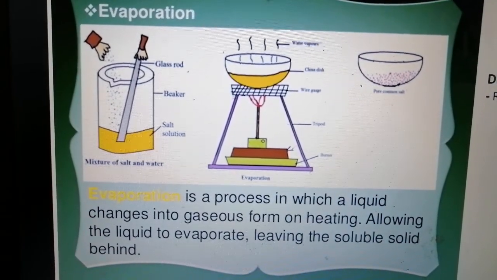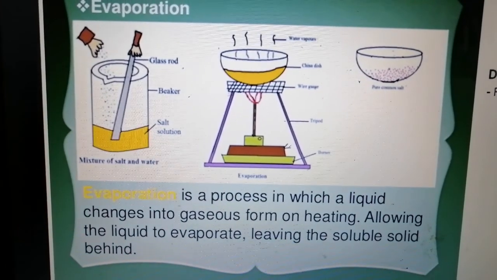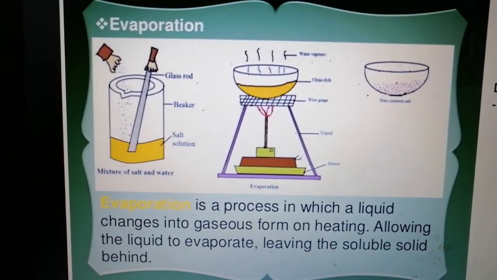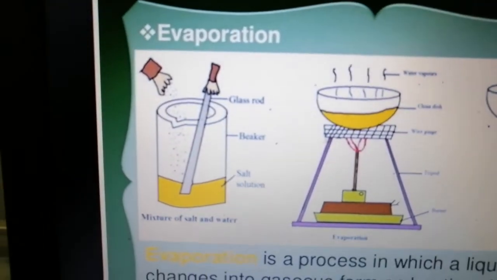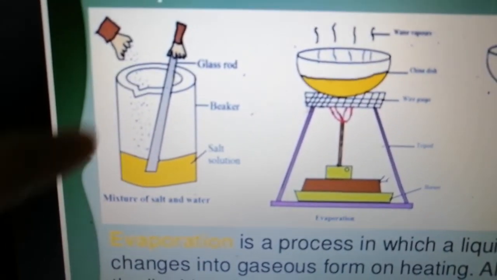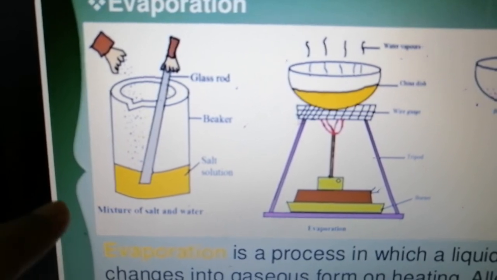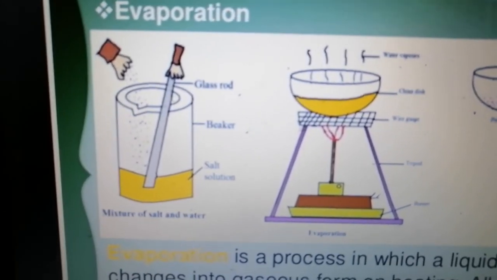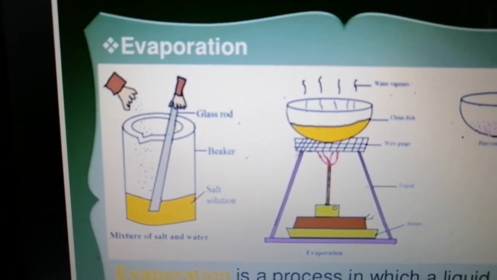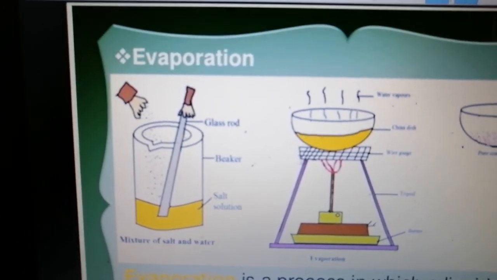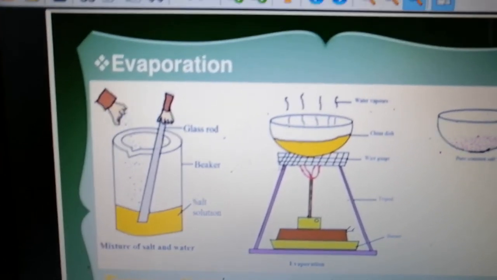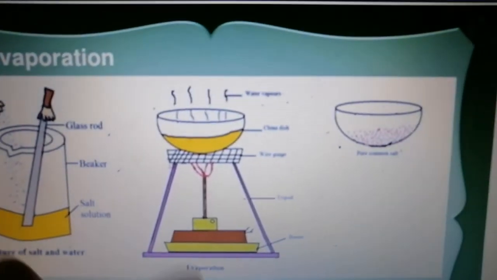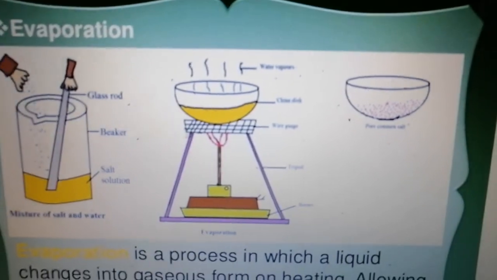Basically, evaporation is the liquid changing to gas. For example, inside the beaker I put salt and water, and then you stir it. After that, the salt is dissolved in the water. How do you separate them? You use evaporation. You use heat here.